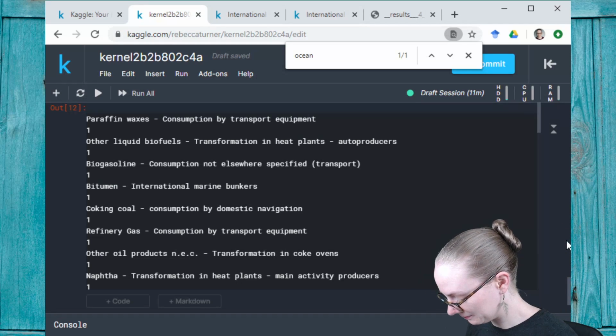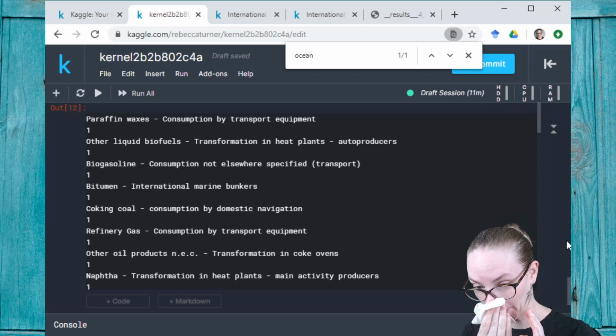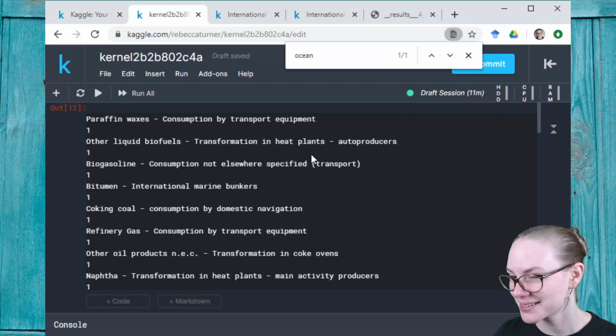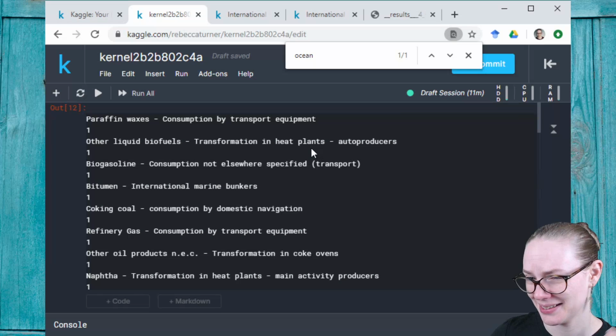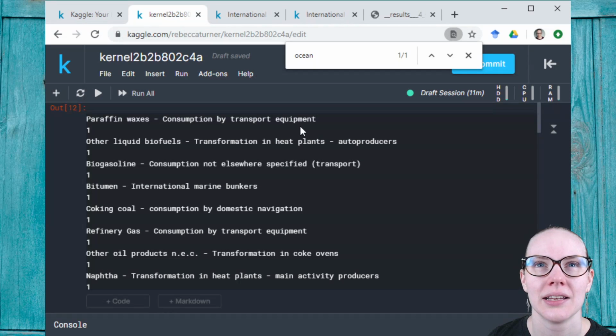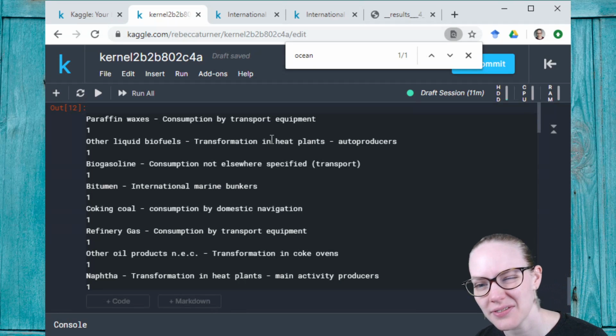The bottom 50 only have a single instance of being existent, I guess. They're unique, I guess. They're unique values.